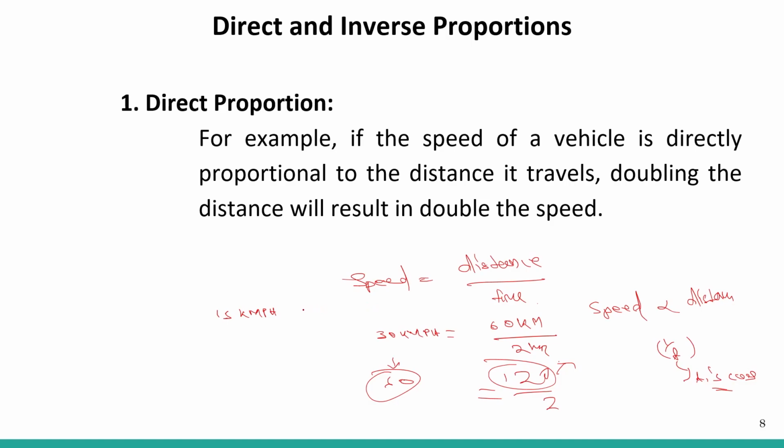This distance became half, when the time is 2 hours. So you saw, if I halve the speed, then the distance became 1 by 2 because the distance and speed are directly proportional with the proportionality constant as 1 by t. So we have tested this example and verified it.